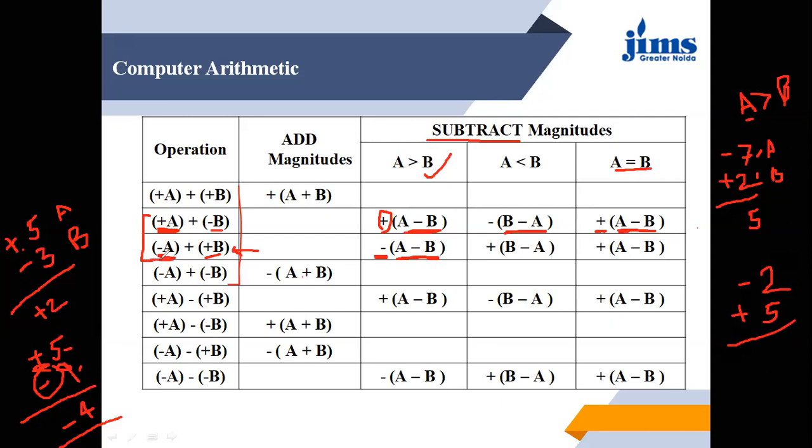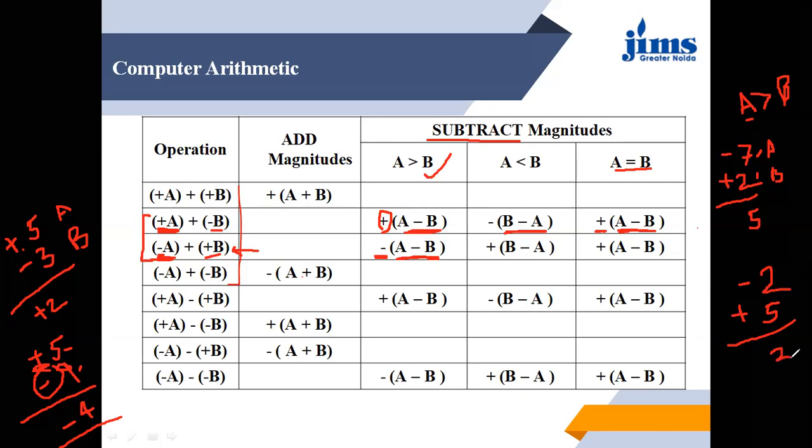So A is minus 2, B is plus 5, and we are adding these two numbers. So first we have to check the magnitude. So magnitude of this is 5 and this is 2. So we have to subtract the smaller number from the bigger one. So 5 minus 2 is 3.